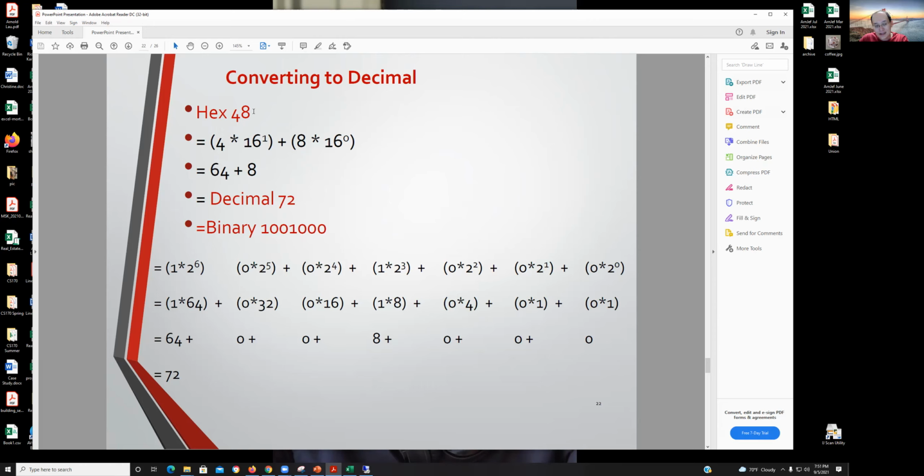You remember there'll be 4 digits here for the 8, and 4 digits here for the 4, if you want to do that type of mapping. And remember this type of notation here: 2 to the 0, 2 to the 1, 2 squared, 2 cubed, 2 to the 4th, 2 to the 5th, 2 to the 6th.